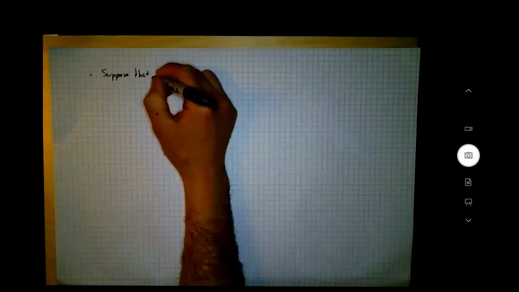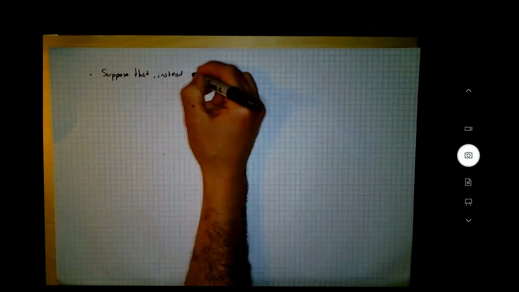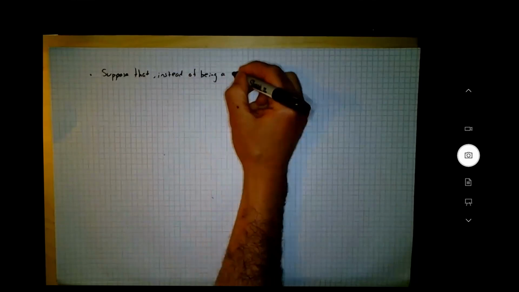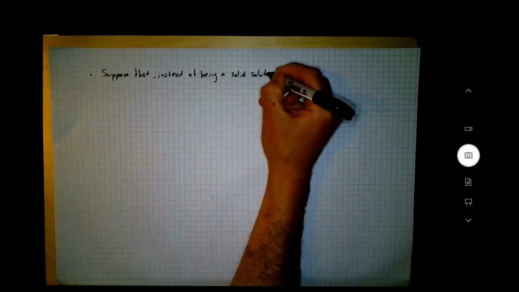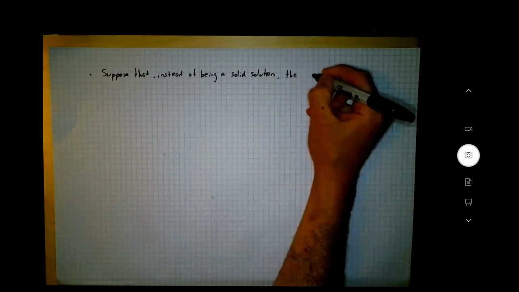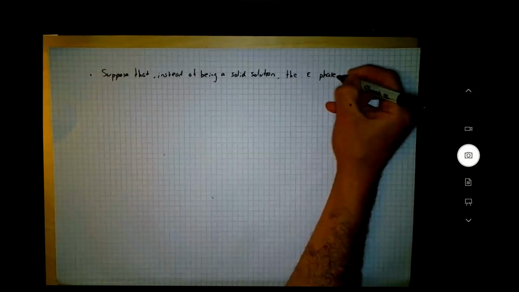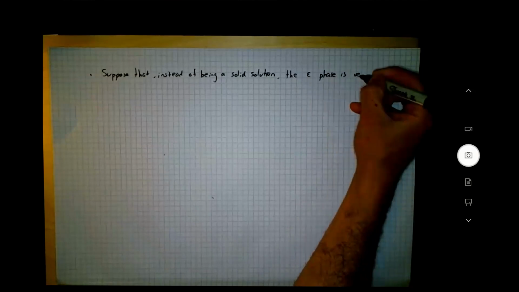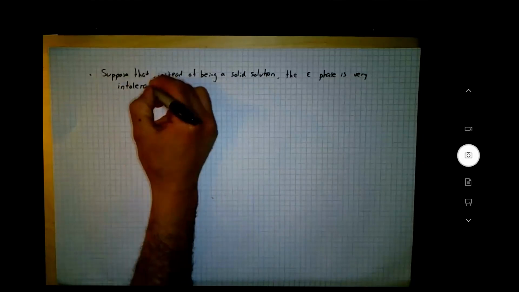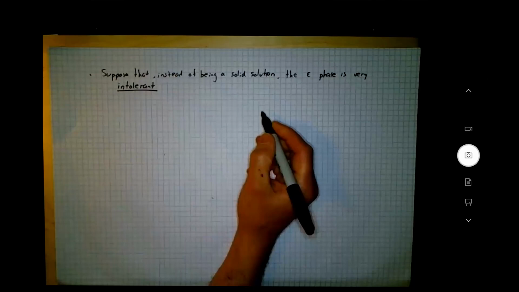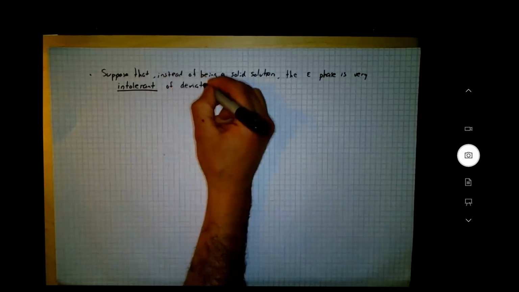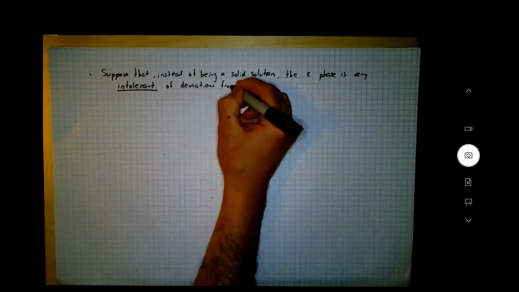So now, suppose that instead of being a solid solution, the epsilon phase is very intolerant of deviations from stoichiometry.